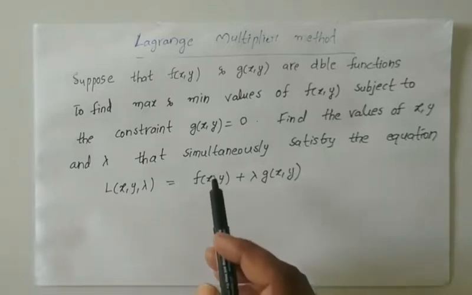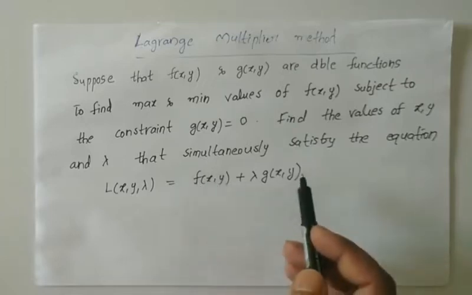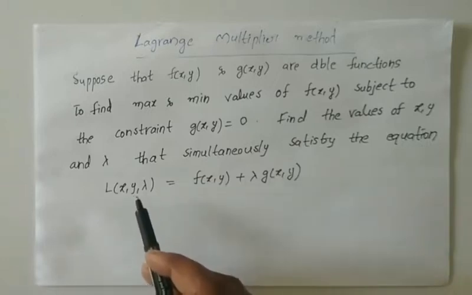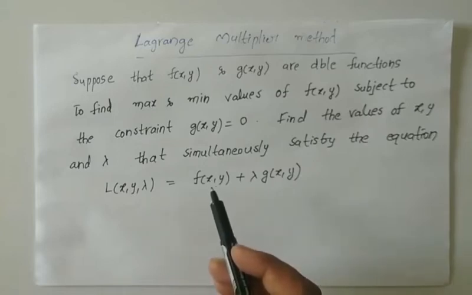So here f of x, y is called the objective function and g of x, y is called the constraint function, L of x, y, lambda is called the Lagrangian, and lambda is called the Lagrange multiplier.